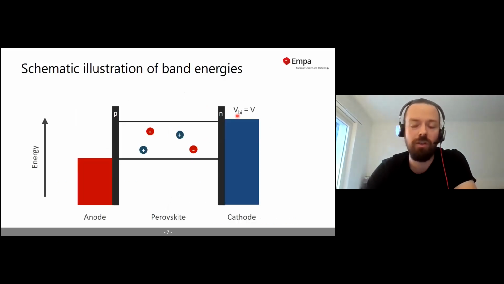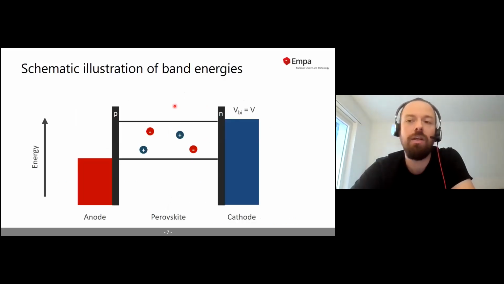Now, if we go back to this schematic here, what would we do if we want to measure the same process in the time domain? Ideally, we start off with a scenario like this, where we have applied a bias, which is more or less the built-in electric field. So we have flat band conditions.